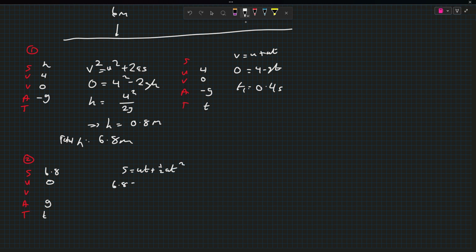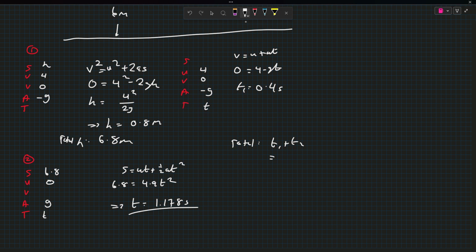So 6.8 is, well, that's Newton, so that's 4.9 t squared. So t is just the square root of 6.8 over 4.9, which is 1.178.